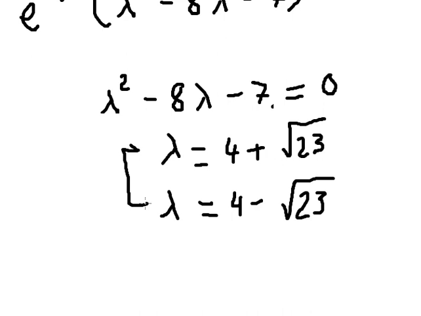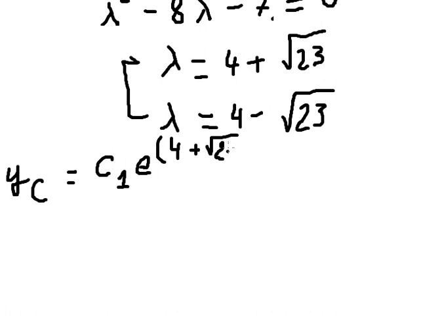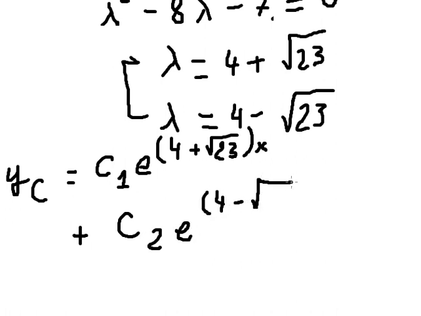Now we have yc, which is c1 e to the power of 4 plus the square root of 23, and we have c2 e to the power of 4 minus the square root of 23.